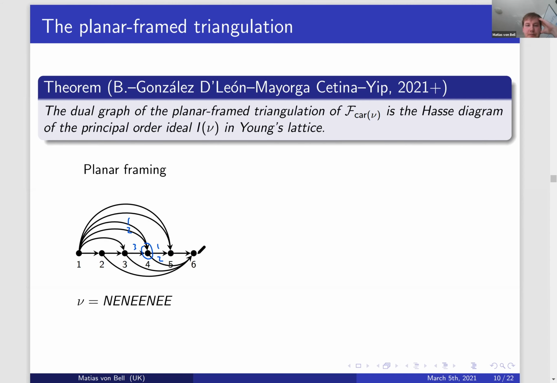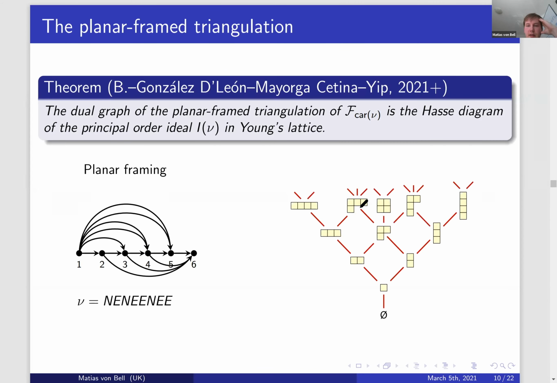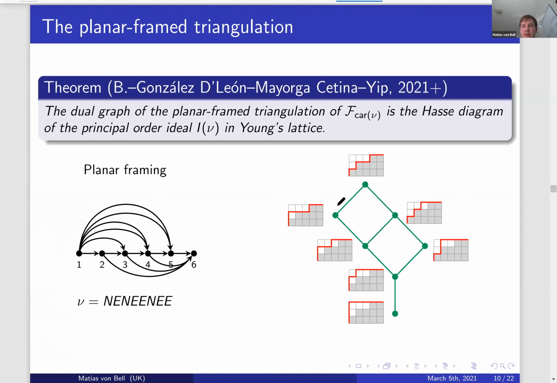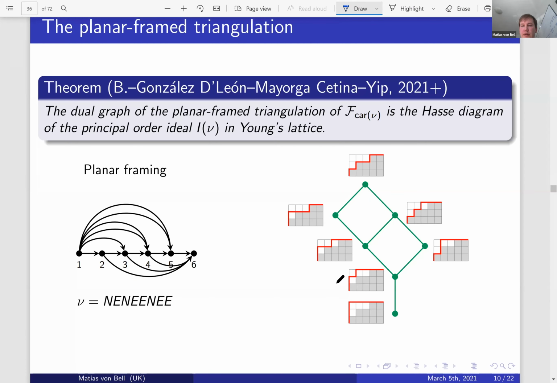With this framing, we obtain the dual structure of the triangulation to be the principal order ideal in Young's lattice generated by the Young diagram that corresponds with the lattice path nu. And so here, ignoring the rest of Young's lattice, this is what we obtain.